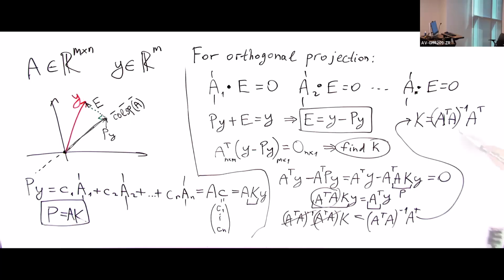And from here, it's just A multiplied by that thing. So it will be A (A transpose A) inverse A transpose. This is our projection operator.